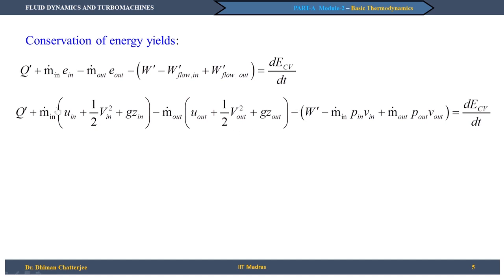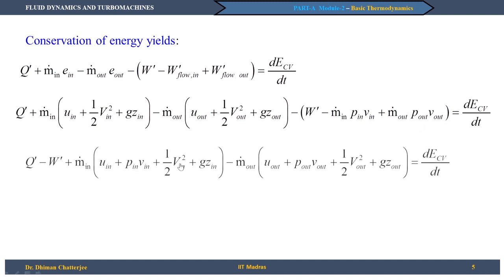We can now arrange all the terms that are with m dot in, like the terms in this bracket with the term P in V in, and similarly for the terms with m dot out in the bracketed terms with the flow work term, and put it in this fashion.